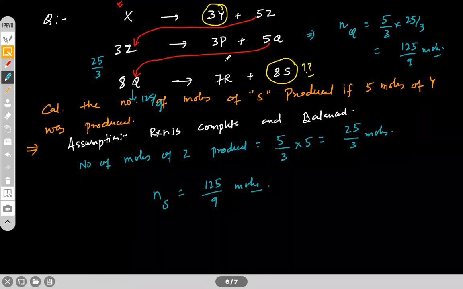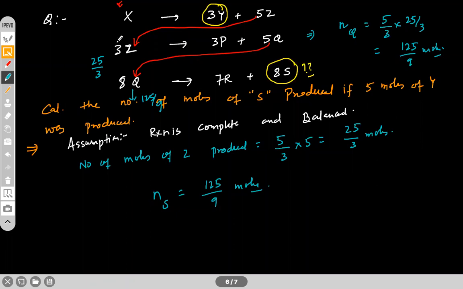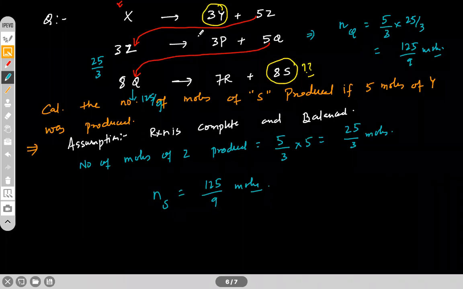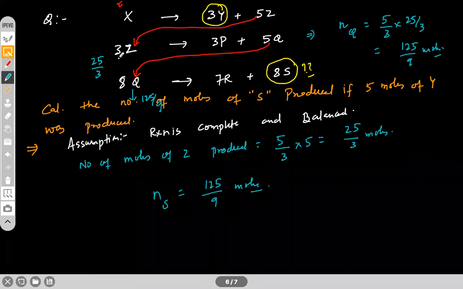Okay, sir. If you change this, suppose here it is 3, here you write down 3 by 2, 3 by 2 and 5 by 2, then also it won't change, because the molar ratio is still the same. 3 by 2 gives 5 by 2, so 1 gives 5 by 3. So if you make the change in all the reactants and products and maintain the molar ratio, then the answer won't change.